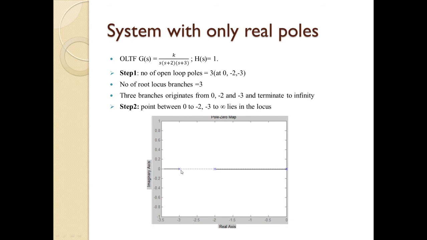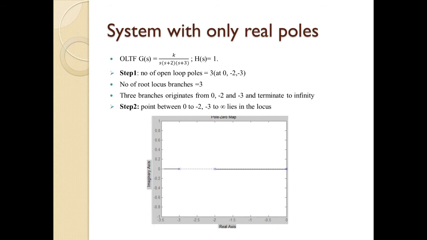Whereas if we consider any point between -2 and -3, then to the right of the test point, the number of open loop poles and zeros is 2, which is an even number. So, any point between -2 and -3 will not lie on the locus, whereas from -3 to infinity, any test point will lie on the locus.